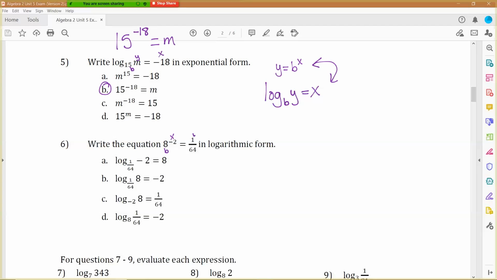So b to the x power equals y, and then I want log with a base of b. So log base 8 of y, which happens to be 1 over 64, equals x, the exponent, negative 2, which is answer letter D.